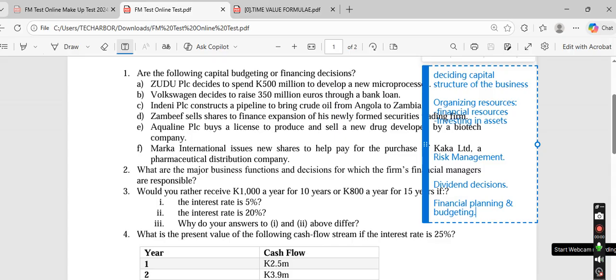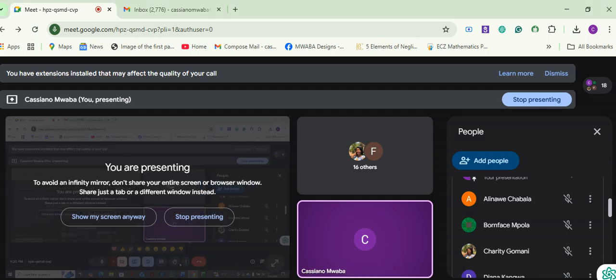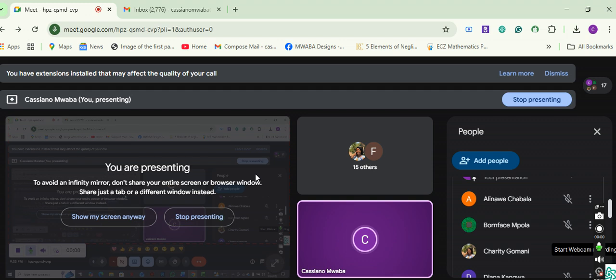Maybe increase dividends. Yes, increasing dividends. Increasing share prices, yes. And overall, growth in the value of the company. Because remember, once a company's share prices increase, when we look at business valuation, market value of equity.